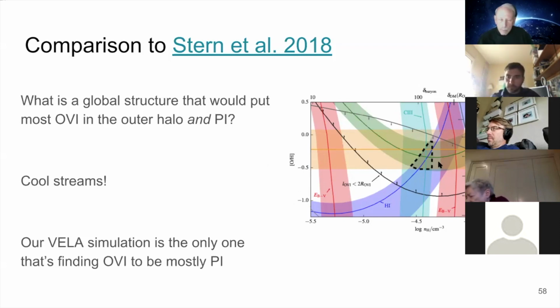So if your oxygen 6 comes from photoionized gas, then all of these pieces of data agree that it has to come from this position. The point is this excludes collisional ionization from being right, at least if all of these other things are in the same place. So it's not in collisional ionization equilibrium. Where is the collisional ionization? Collisional ionization would be further to the left, basically. It'd be lower density because it'd be hotter.